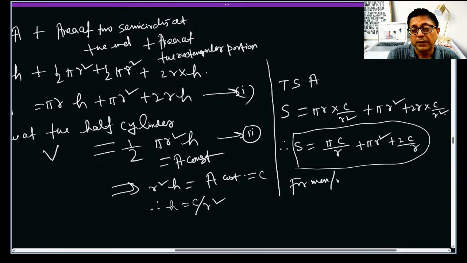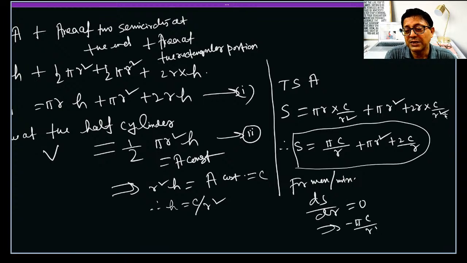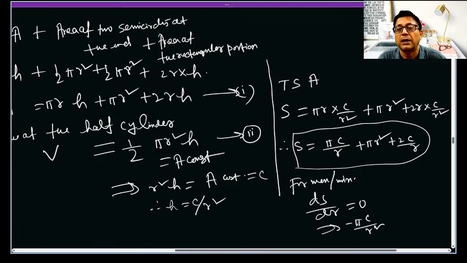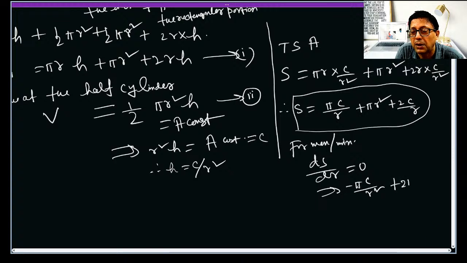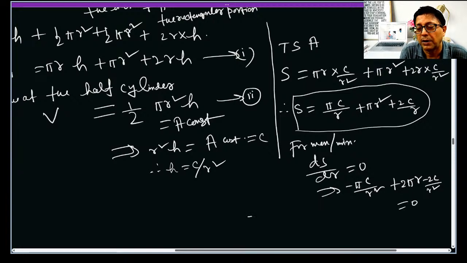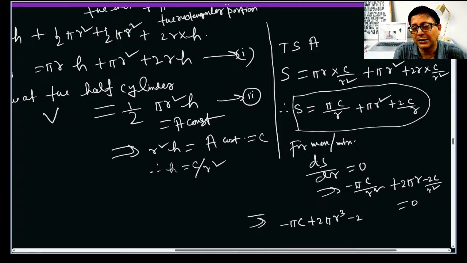For maximum or minimum, put dS by dr equal to 0. Minus pi C by r square plus 2 pi r minus 2C by r square, so this implies 2 pi r cube, isn't it?